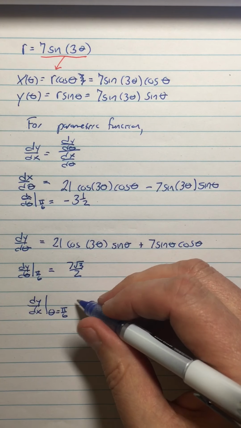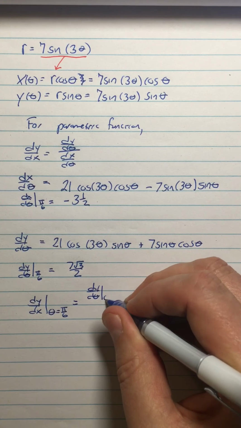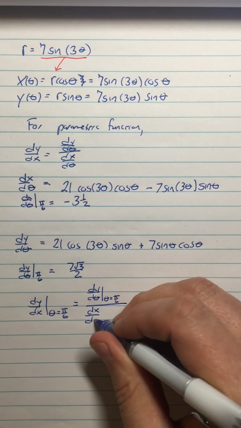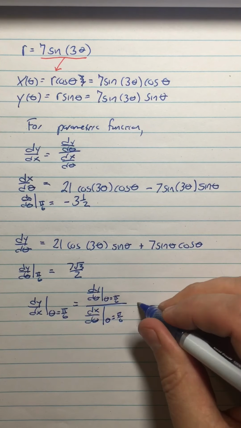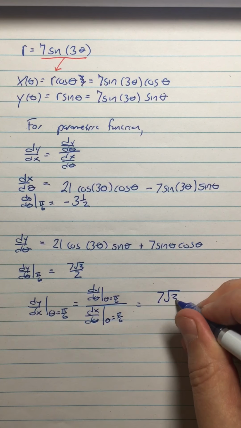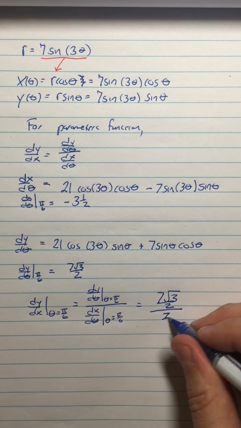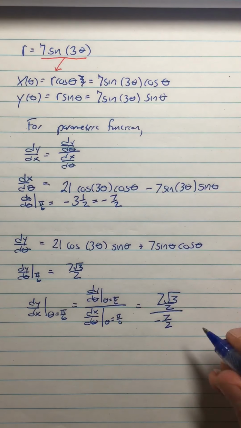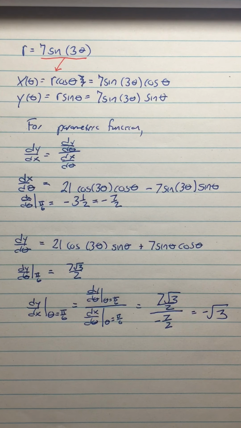Well, that's equal to dy d theta evaluated at pi over 6 over dx d theta evaluated at pi over 6. So we now know that that is 7 square root 3 over 2 over negative 3.5, which by the way is negative 7 over 2. So this equals negative square root 3. That's what dy dx is.